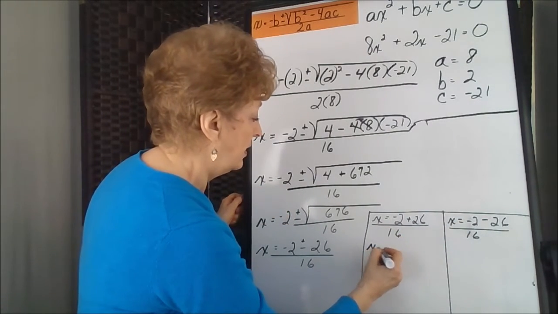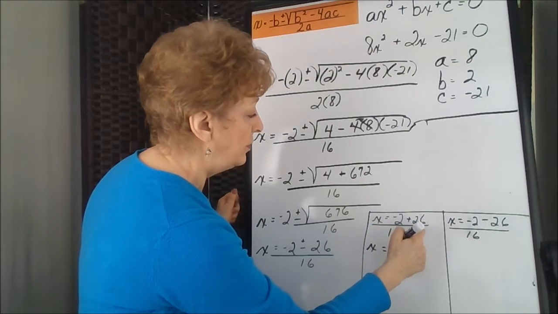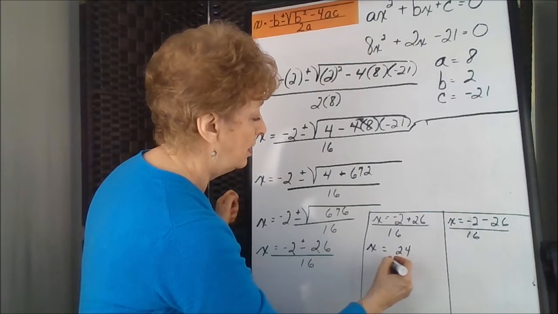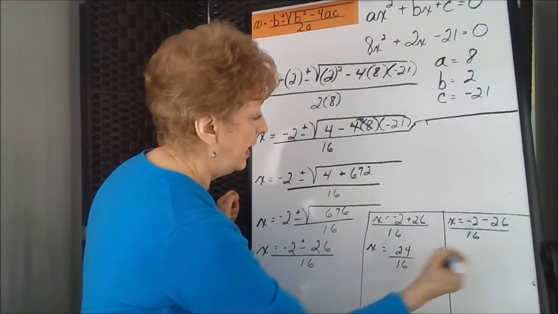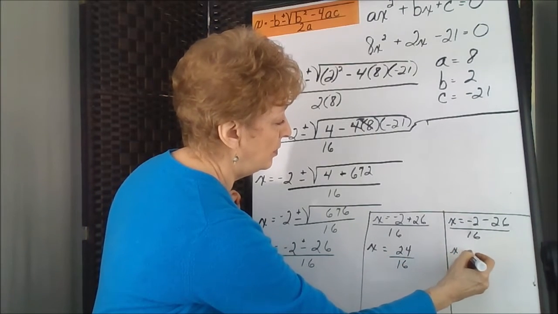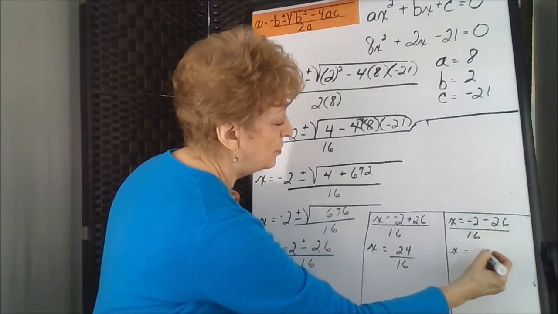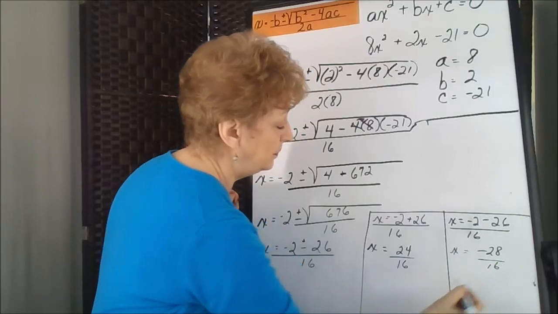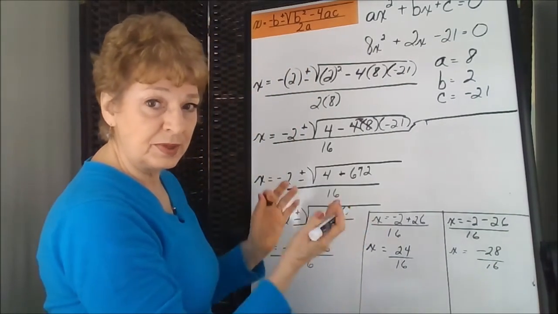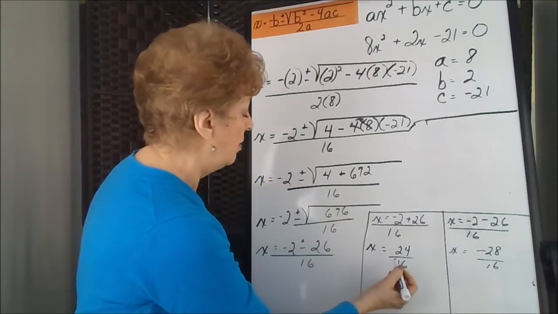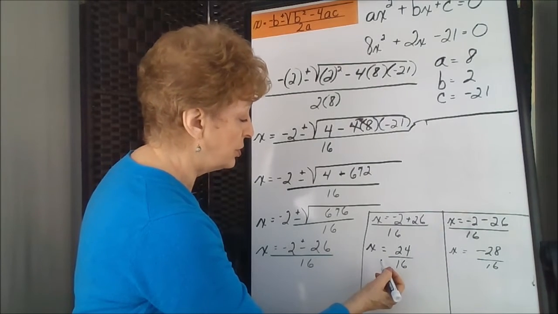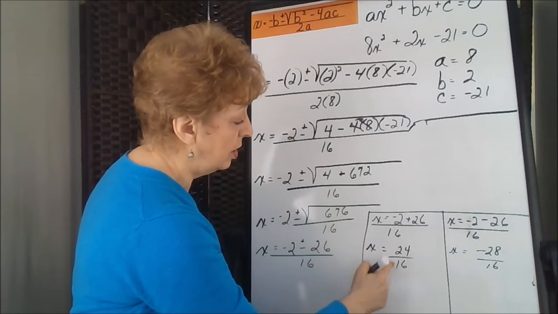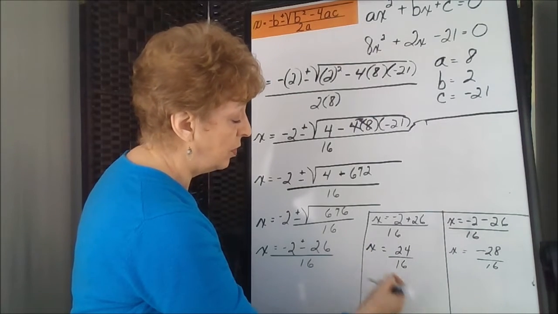Okay, x is equal to negative 2 plus 26 gives us a positive 24 over 16. And this one, x is equal to negative 2 minus 26 gives us a negative 28 divided by 16. We can simplify the fractions by reducing them to lower terms. In this case, I can see that 8 can go into 24 and 16.